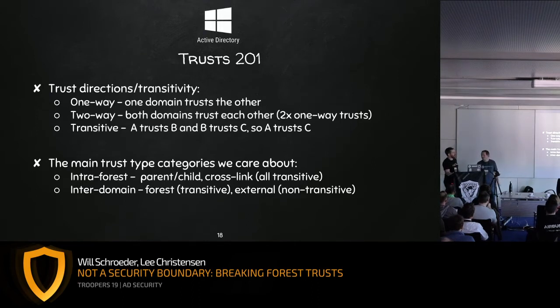External trusts are between two single one-off domains. Microsoft actually doesn't really recommend these. They recommend forest trusts because it's much easier to get Kerberos working completely correctly between multiple domains. But basically, we're going to go over that within the same forest, there is no guarantee of a boundary, and we'll go over why. Things between two forests were supposed to be isolated, and we'll go over the exact security protections.